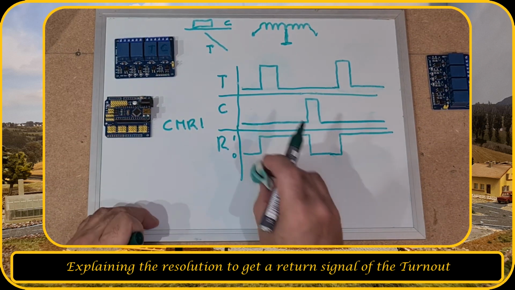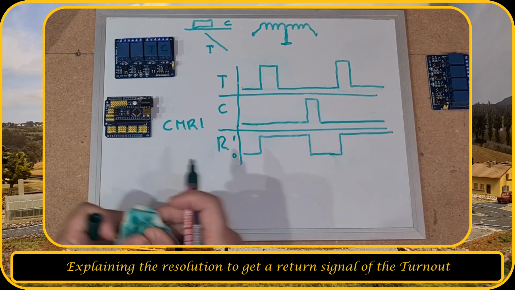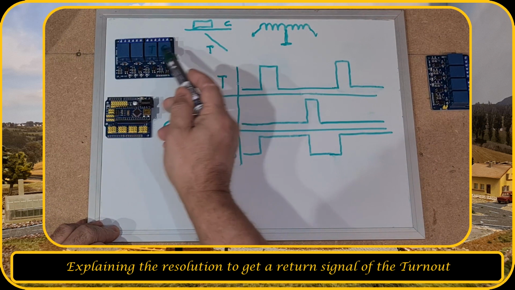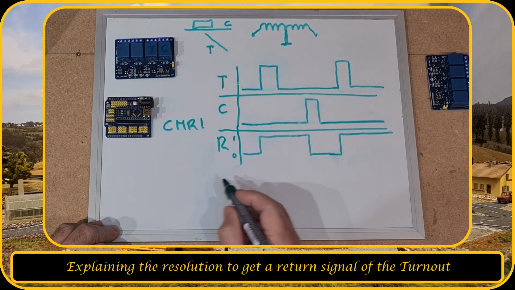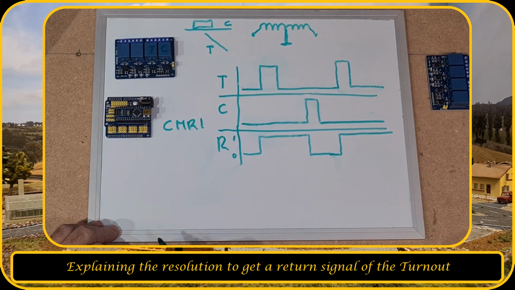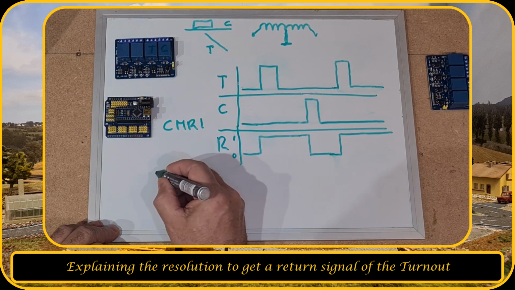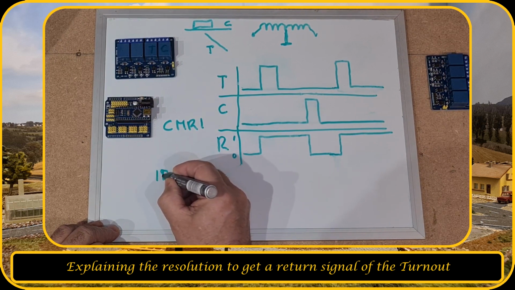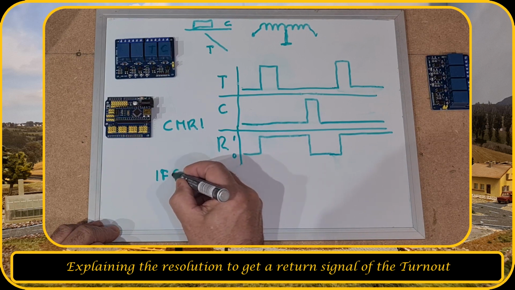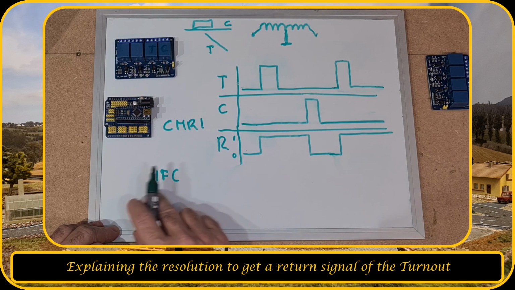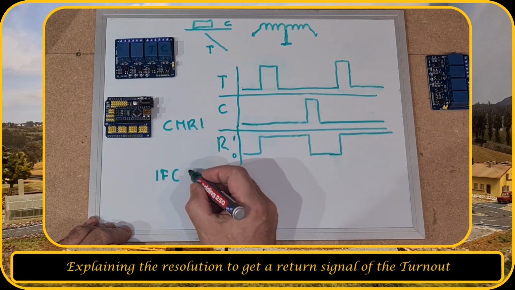So I need to check on every turnout those both statuses. And how can we do that? We can do that with an if statement. So if, and then we open a bracket. I'm using capitals, but it's actually lowercase.